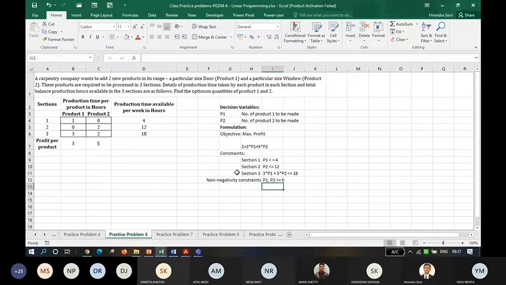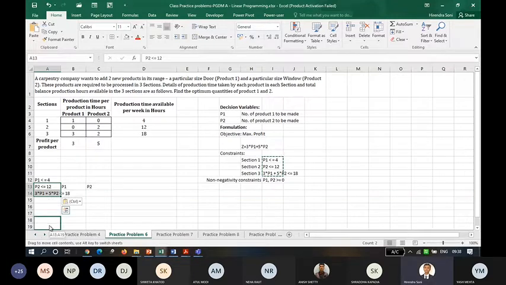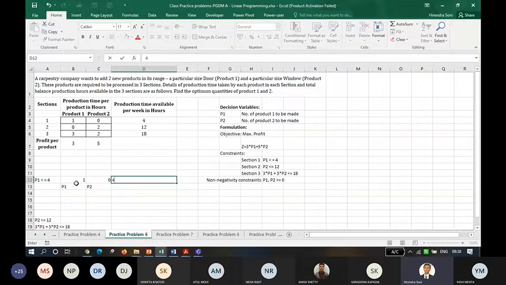Yes, sir. Okay, now accordingly we'll start putting up our graph. So P1 less than or equal to 4 means that you will say P1, P2. The first one we take. So for P1 it is 1, this is 0 and this would be 4.